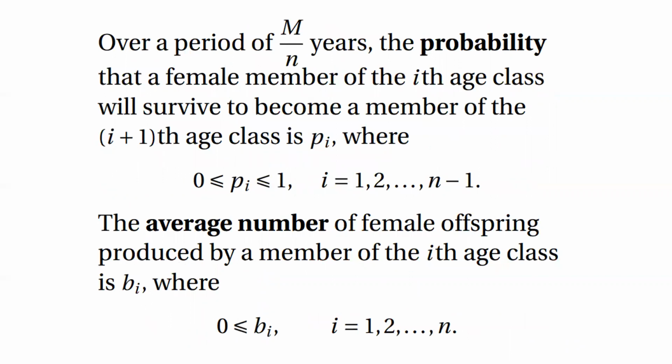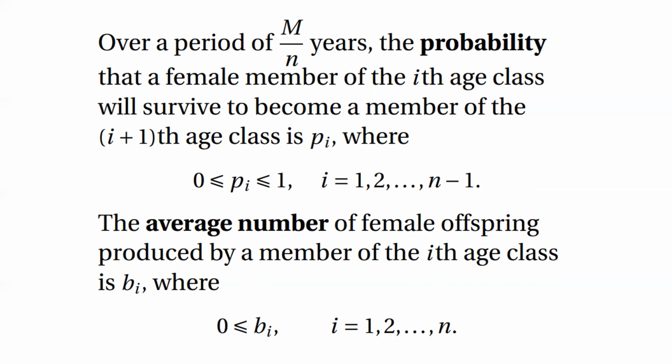Over a period of m over n years, the probability that a female member of the i-th age class will survive to become a member of the (i+1)-th age class is pi, where pi is between 0 and 1, and i runs from 1 to n minus 1.